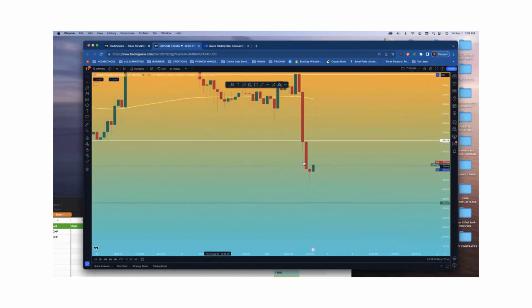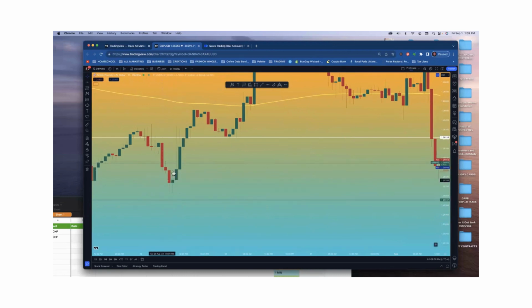And I couldn't help but to see, here's the pattern again. So same thing happened. And this is why I love this pattern. And what happened? Price had went up, kind of stalled, went sideways, and broke down.